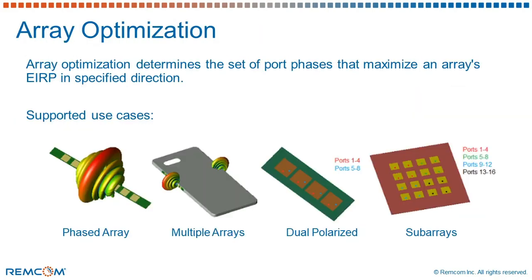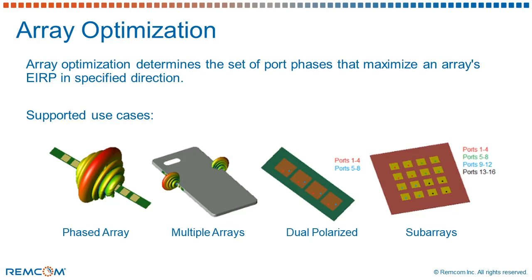The next feature that we have available is the array optimization, which determines the set of port phases that maximize an array's EIRP in a specified direction. Some of the supported use cases for this application are phased arrays, an individual phased array used in any of the devices, or multiple phased arrays used in an application.